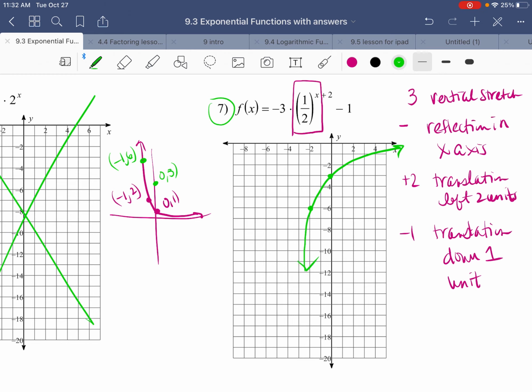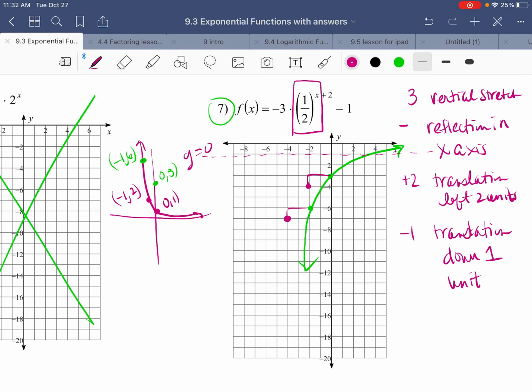But I haven't done my translations yet. So I need to move those points to the left 2 and down 1. So left 2, down 1. Left 2, down 1. And then also notice that my asymptote is also scooted down 1.